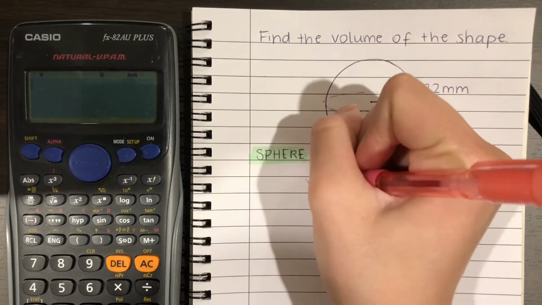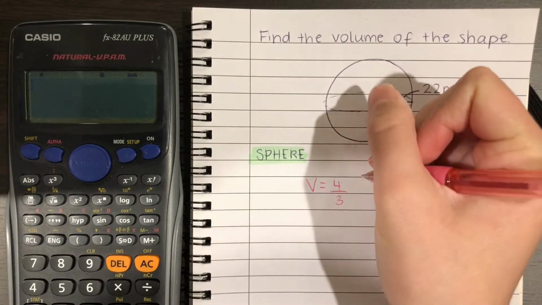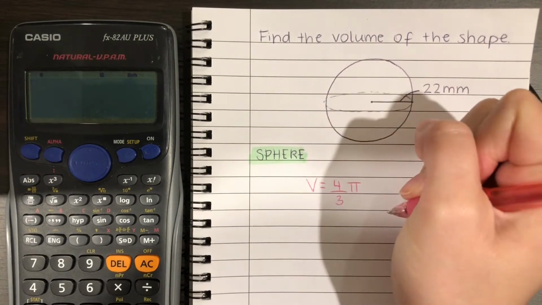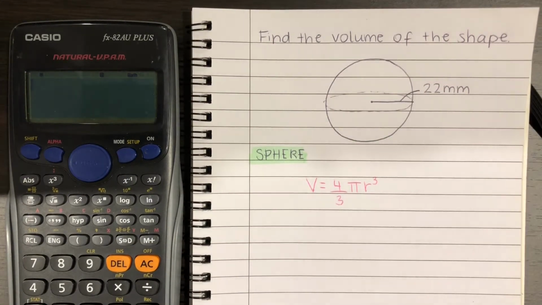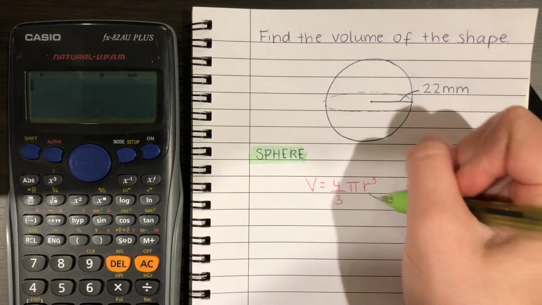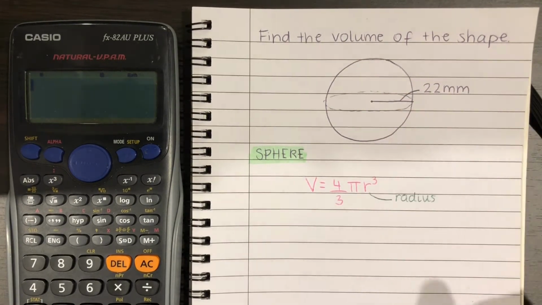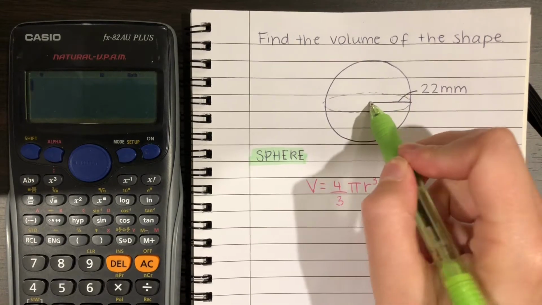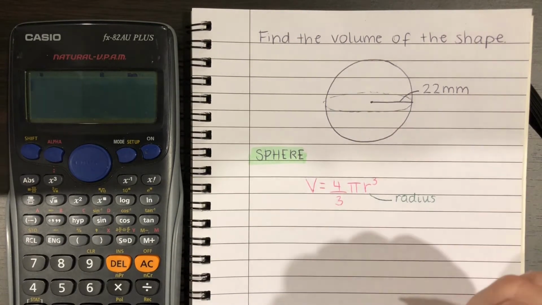And the formula for the volume of a sphere is 4/3 pi r cubed. The only unknown that we have in this formula is the r. And we should know that r stands for radius, which means half the length, from the halfway point of a circle to its edge.